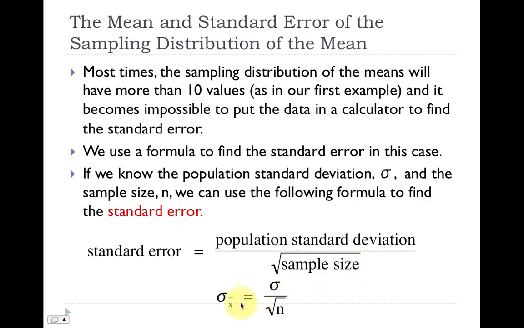Using symbols, we have sigma x bar equals sigma, the population standard deviation, divided by the square root of n, which is the square root of the sample size. So your standard error is equal to the population standard deviation divided by the square root of the sample size.